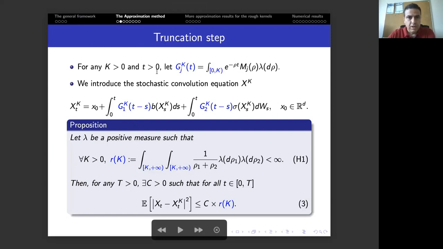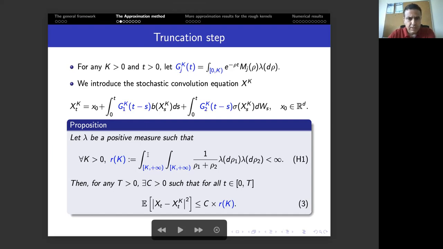Here we first take some truncation constant k and introduce the blue term here, the truncated kernel, that is integrated on the specific interval 0k of this Laplace transform. And then we introduce the associated stochastic convolution equation that we denote xk. So xk is the solution to the stochastic Volterra equation, but with the truncated kernels G1K and G2K.